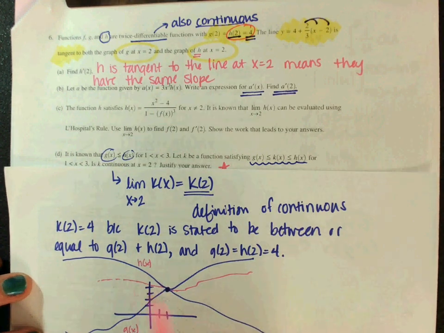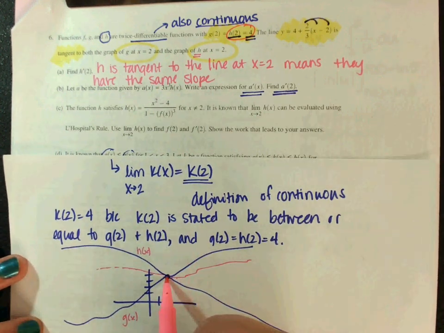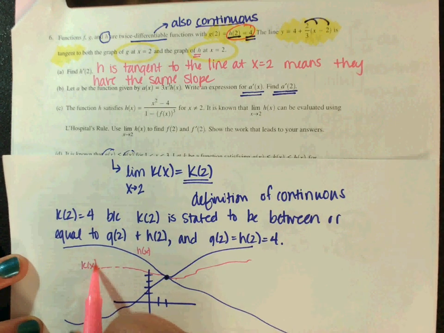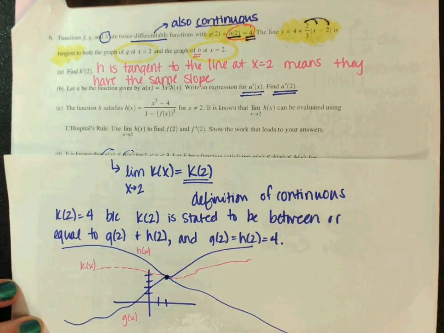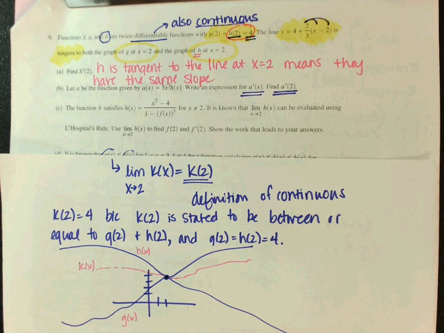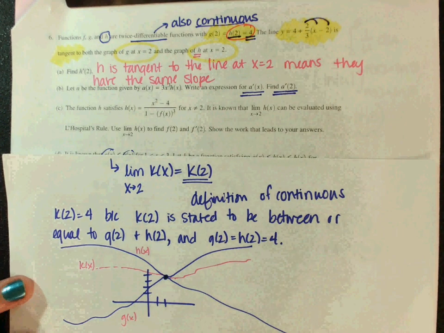So if these two limits are both approaching 4, and k of x is stuck between them, then it must also be approaching 4. There's actually a theorem called the squeeze theorem that says that, but I'm just going to explain it without it.